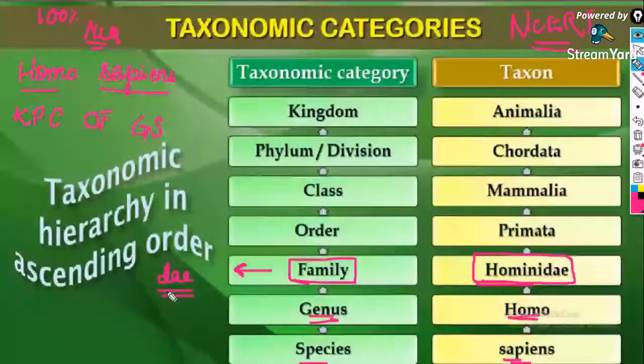Then you have the order. The order is Primata. All the primates come under this order. What are primates? Primates have an opposable thumb. Guys, take up your hand: all your other four fingers you can oppose with the thumb.